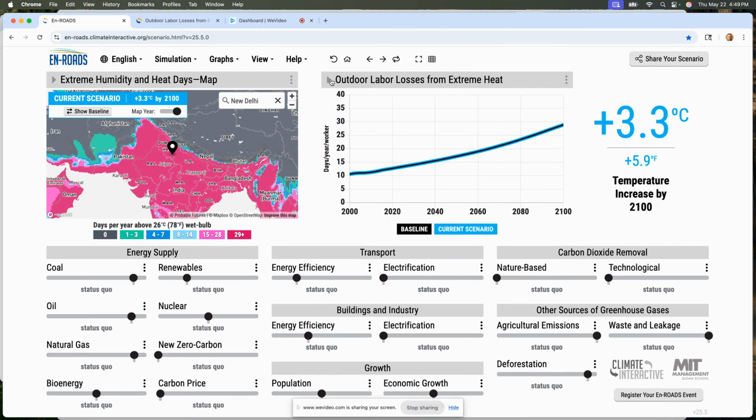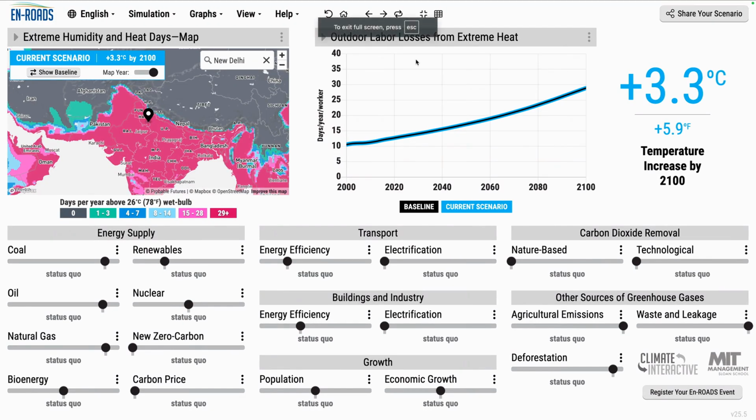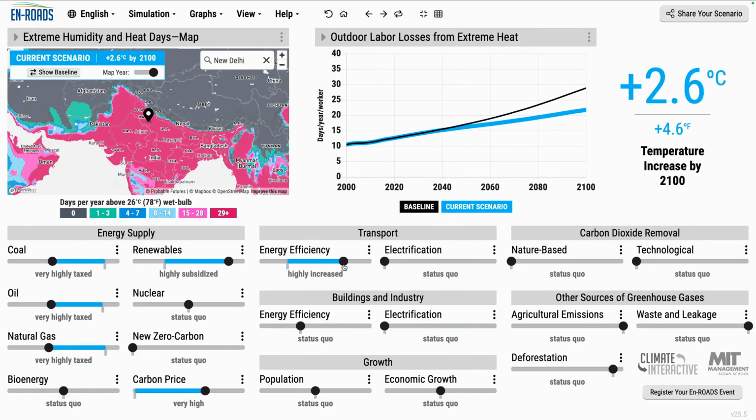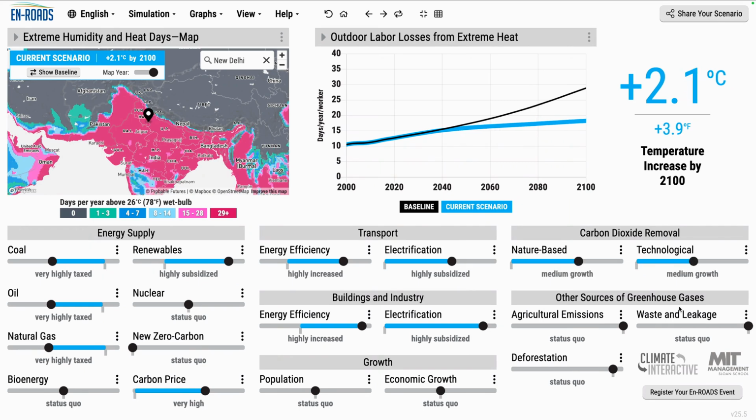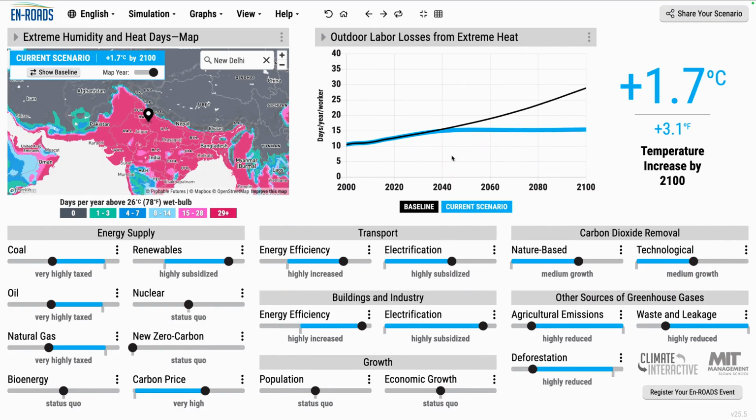The third main way that we use these impact graphs and maps is to show the major benefit from climate solutions. So after creating a scenario like this, you may take 10 minutes or 20 or an hour or 2 hours to play out different scenarios. What if we remove subsidies for coal, oil, and gas and encourage renewables and had carbon pricing and energy efficiency and electrified everything and created a scenario where temperature went down to well below 2 degrees. How much would that help an indicator like outdoor labor loss from extreme heat?